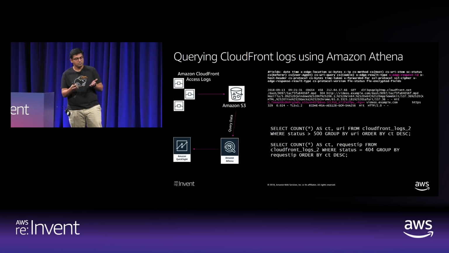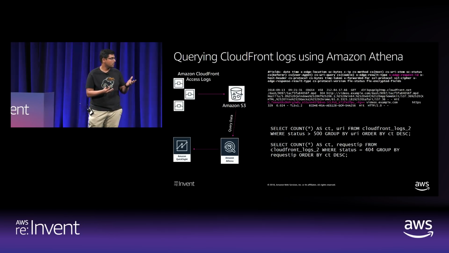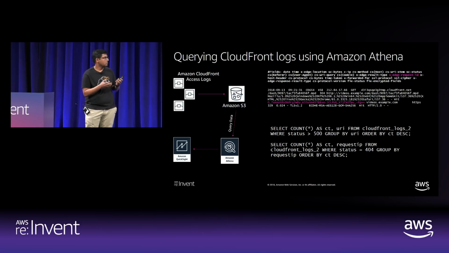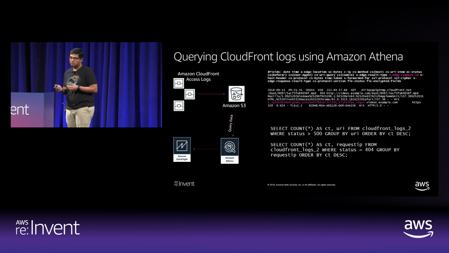So this can help narrow down on, hey, which requests were errors or which requests saw a higher amount of time taken, and can allow you to slice and dice the data by which edge locations served a specific type of clients as well.